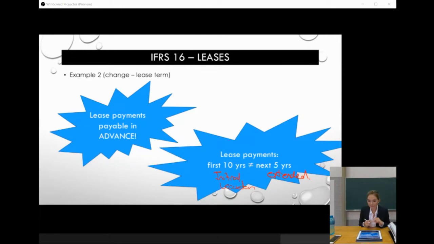So there's a little bit of a trick. The fact that it's payable in advance complicates this example unnecessarily, so don't get too confused by this. Make sure that you understand the principle. Let's go into example 2.